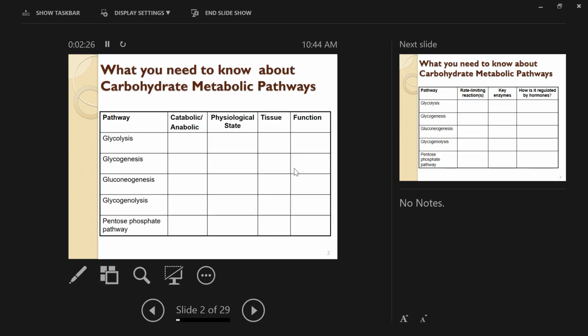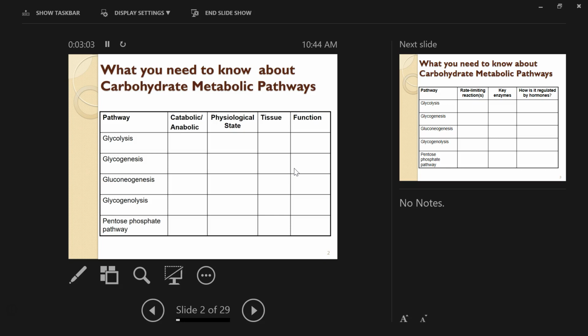The 5 different metabolic pathways of glucose metabolism, and the 2 tables that I gave to you. It's important to make sure you understand each pathway: under which physiological conditions, basically fed or fasting conditions, the pathway is activated or inactivated, increased or decreased, and in which tissues the particular pathway occurs, right?